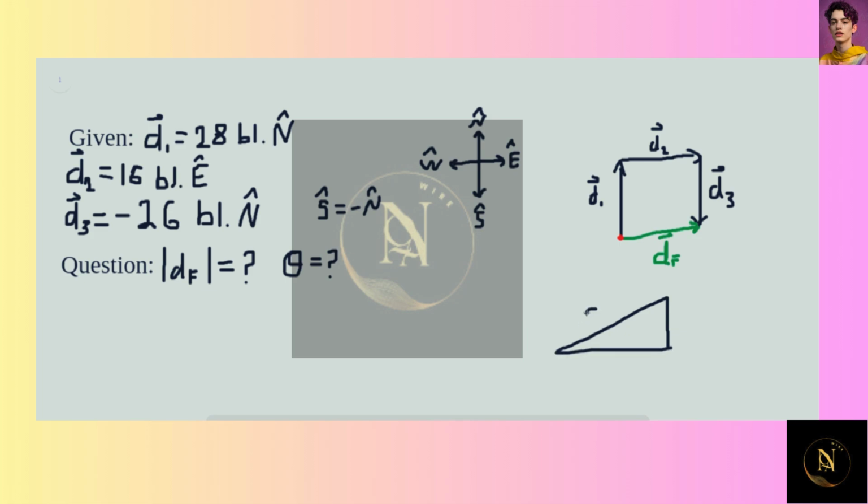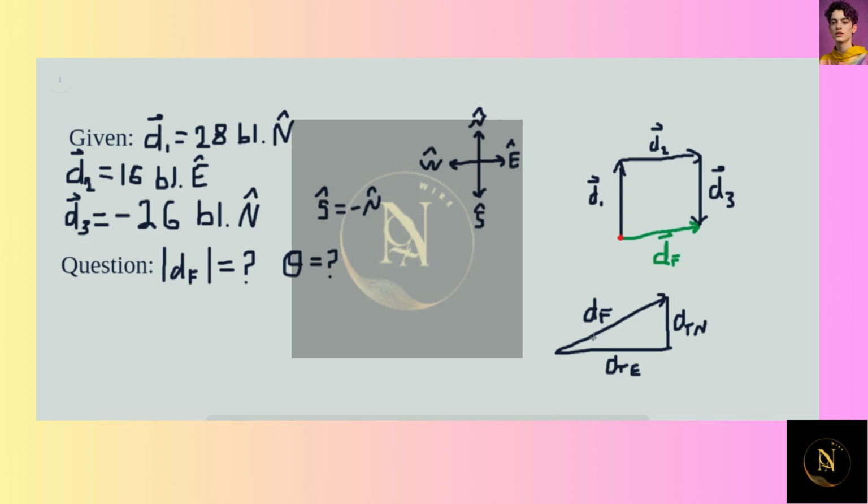So this ends up being our displacement d f, right? Okay, it's in this direction. This here is our total displacement north. We'll put it as d t n. And then this here is our total displacement east.